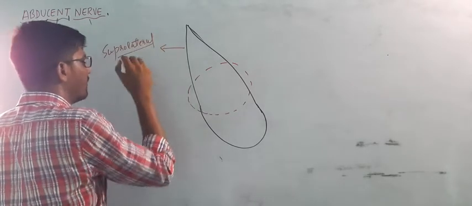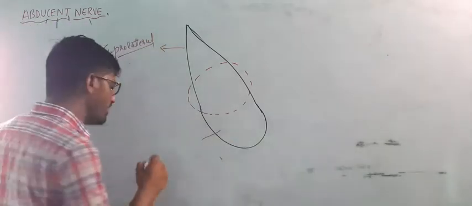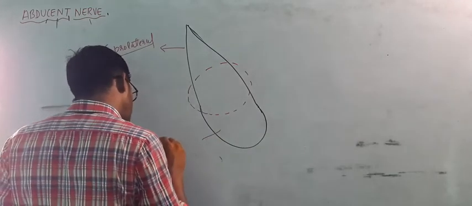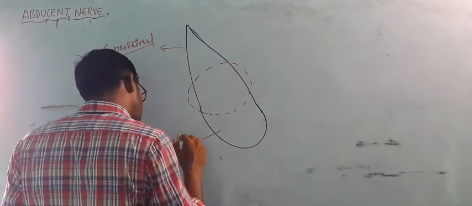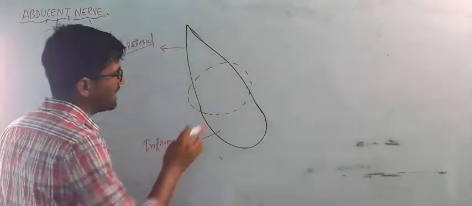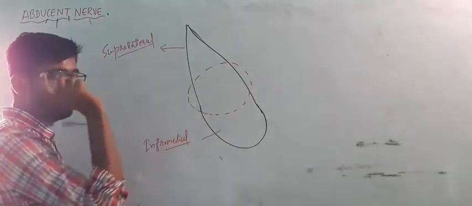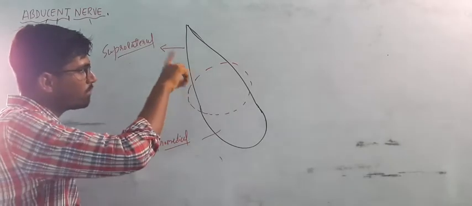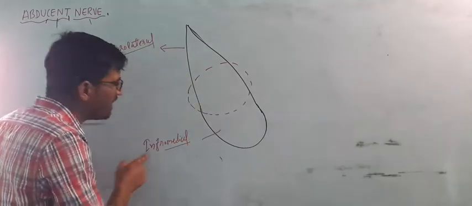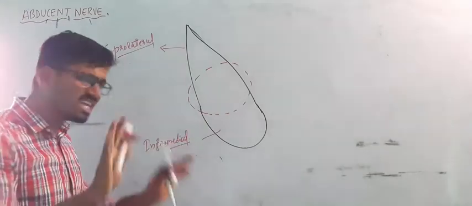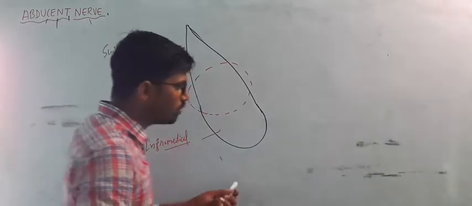This is the inframedial compartment, and this is the tendinous ring. So which structures pass through the supralateral compartment of the superior orbital fissure, which in the infra compartment, and which within the tendinous ring? Many times this question has been asked. So how do you remember?